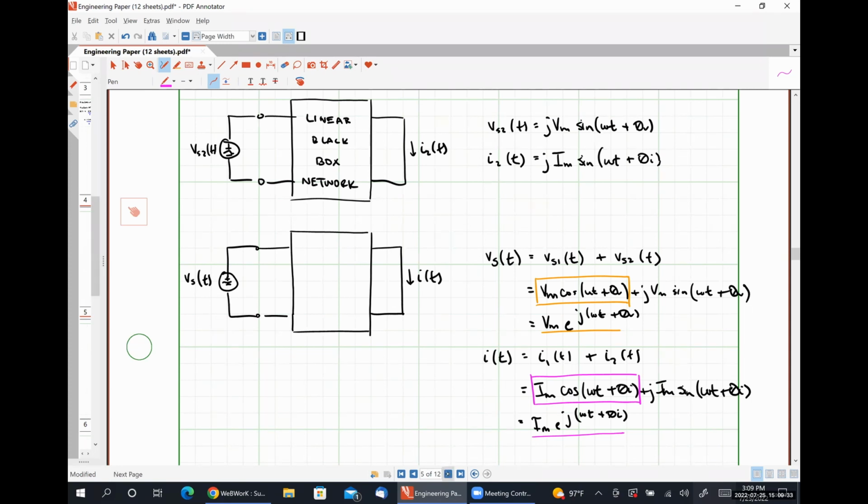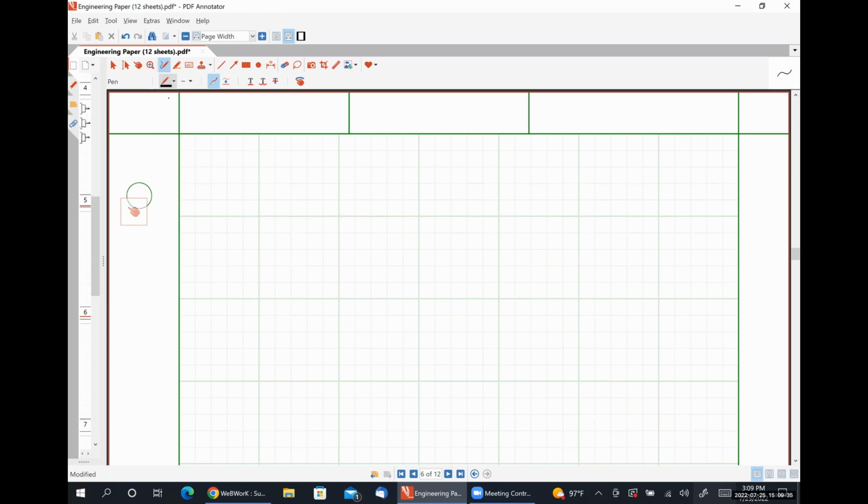We're going to work the exact same problem. Here we have Vs of t.